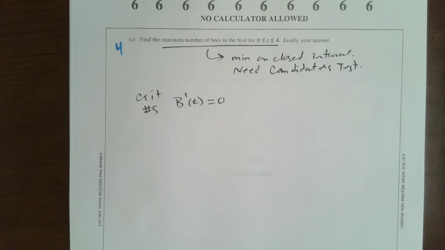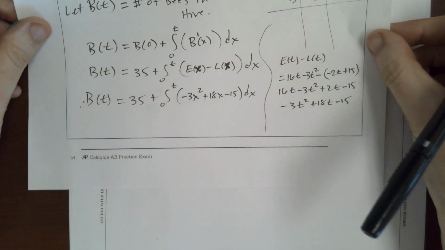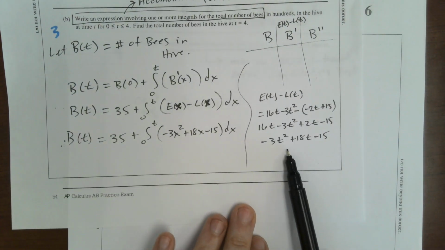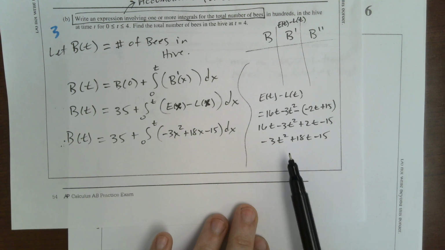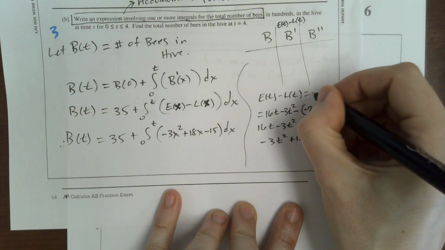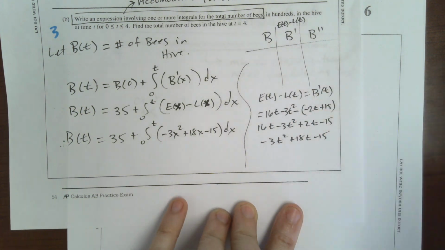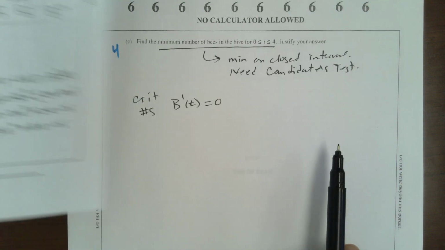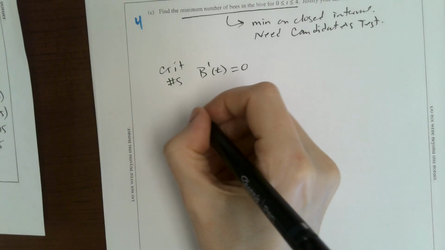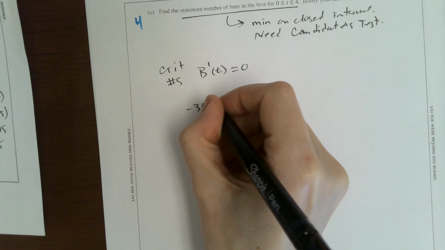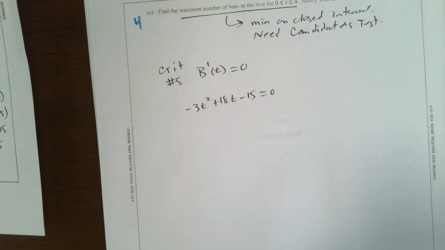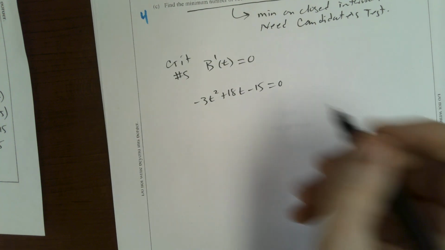Now, going back here, I found this is B prime of t. So I already found that. So negative 3t squared plus 18t minus 15 equals 0. Now I gotta solve for that.